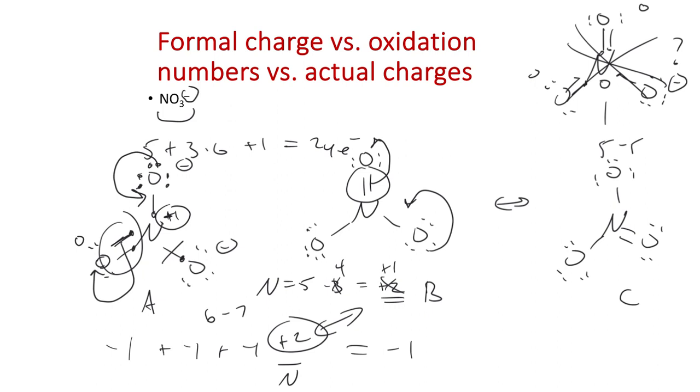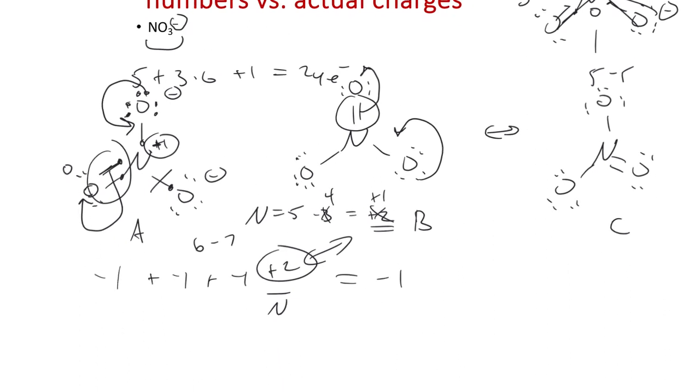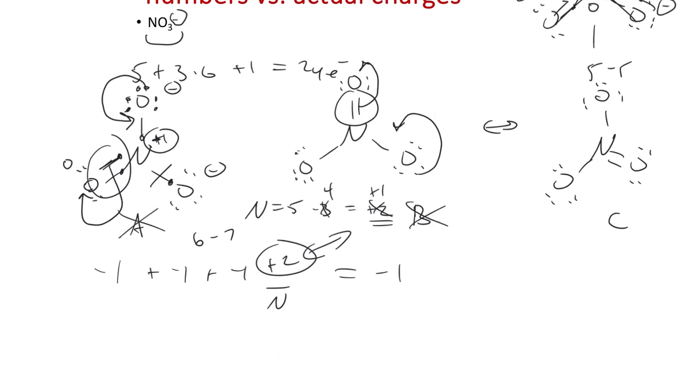The real molecule, instead of going from A to B to C and back and forth, finds a way to be all three at the same time. So what the real molecule actually resembles is not A, not B, not C, but the average. Think about what the composite might look like. The composite would have nitrogen and 3 oxygens, with an extra bond at all times across those oxygen-nitrogen bonds.